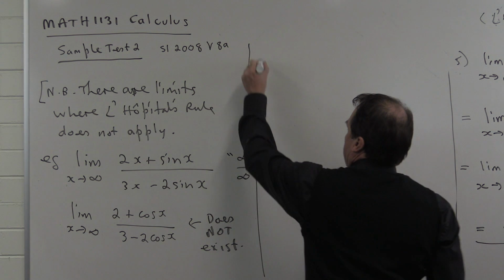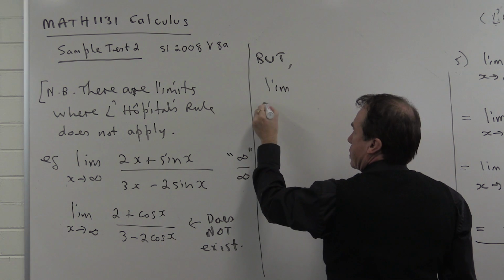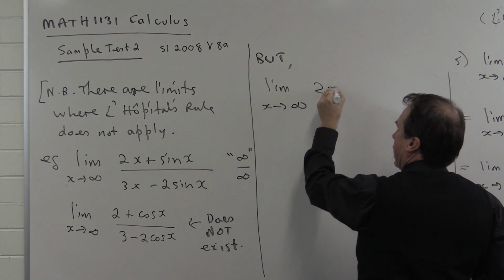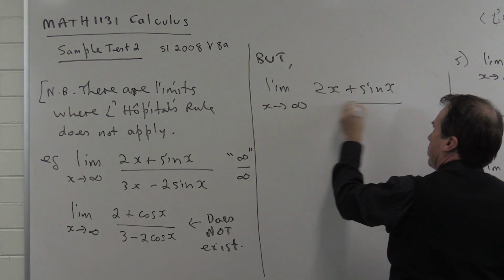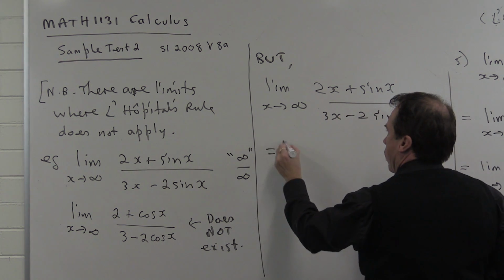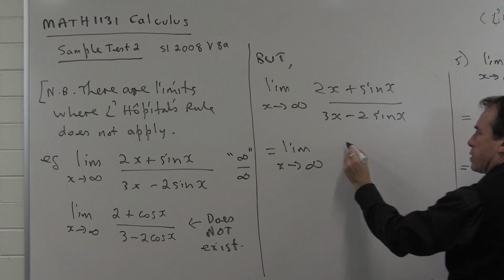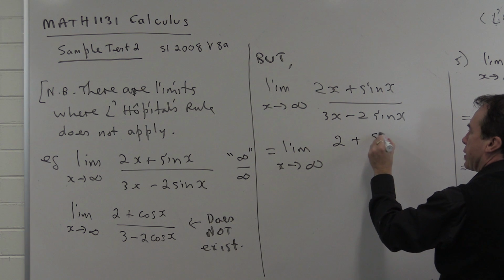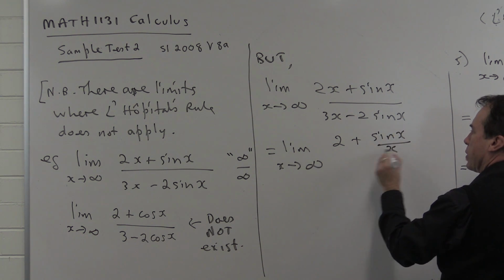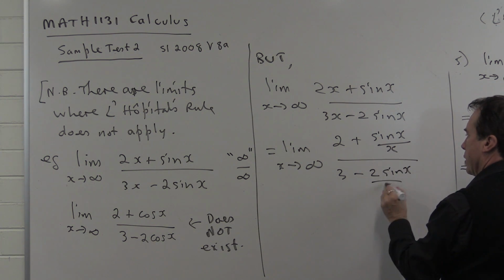So I can work out this limit, so I'll just copy it again. So that was the limit we were working out. And all I'm going to do to work out this limit, as you did back in the first topic, divide everything through by the highest power of x in the denominator, which is x.